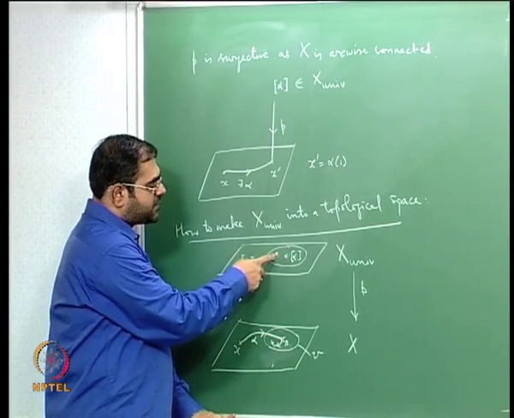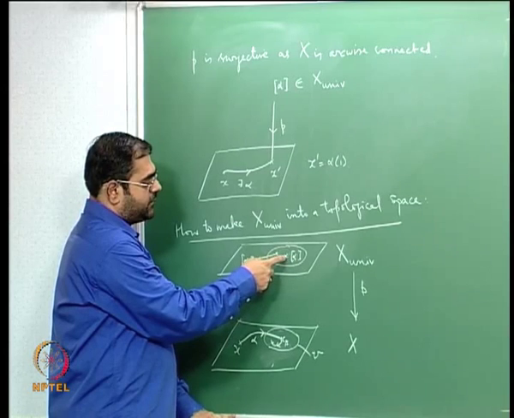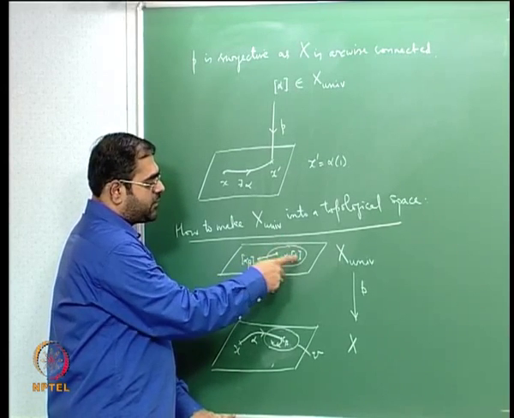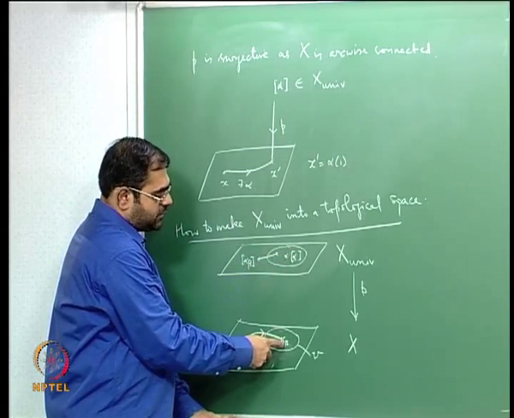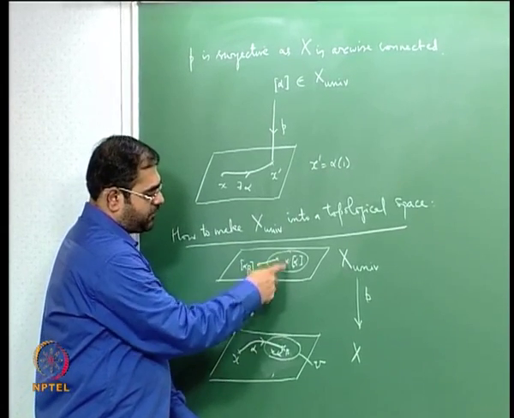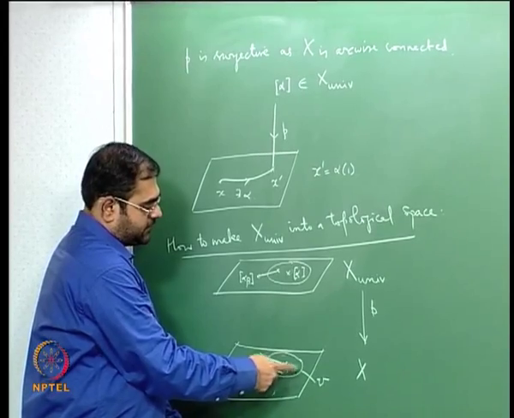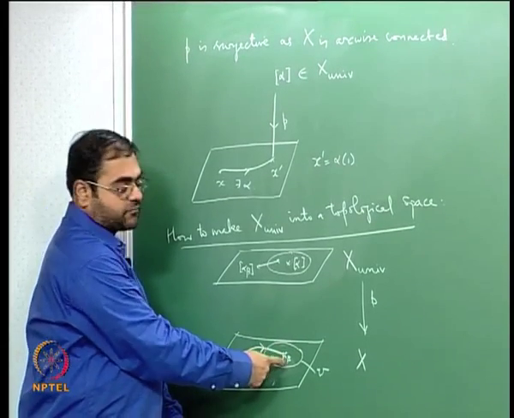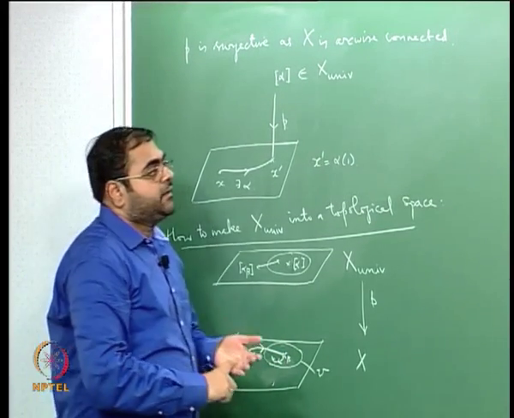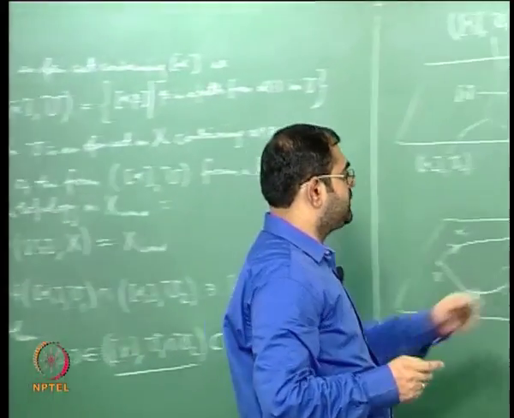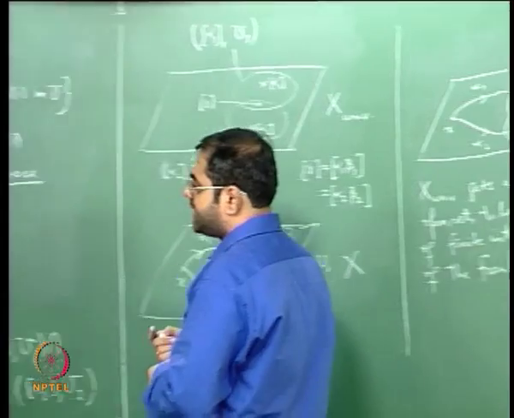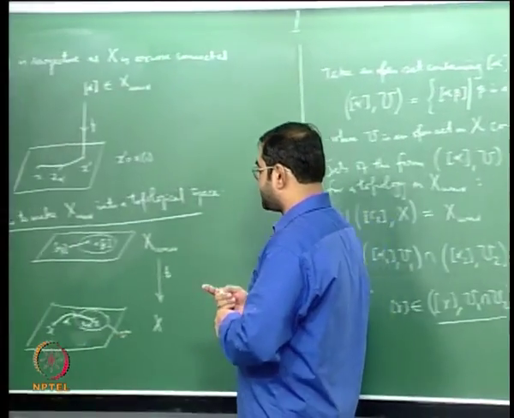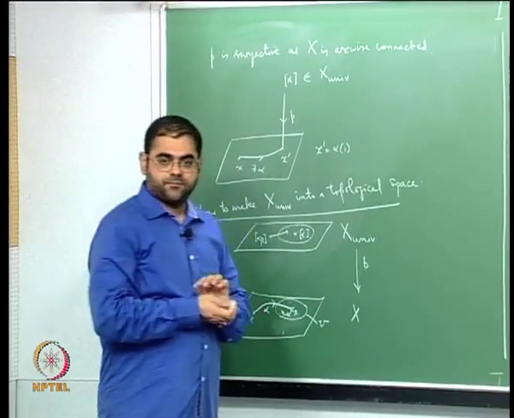You want to pick points close to, in an open neighborhood of, alpha. You just do that by picking points close to the endpoint of alpha, namely points in a neighborhood of the endpoint of alpha, okay. Now that you have topologized this, the first thing I need to tell you is that with this topology this map is at least continuous, okay.